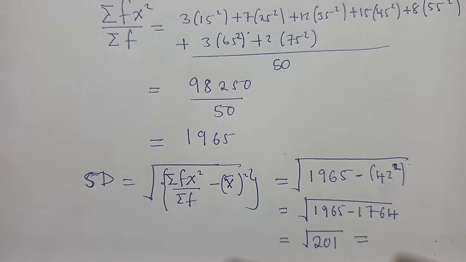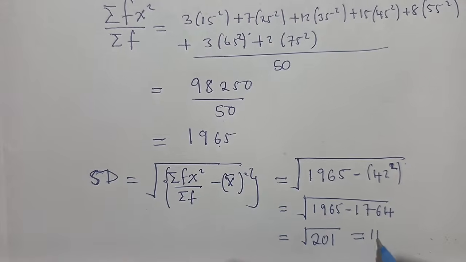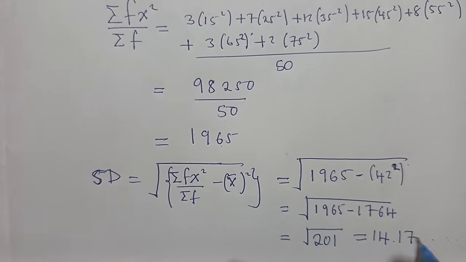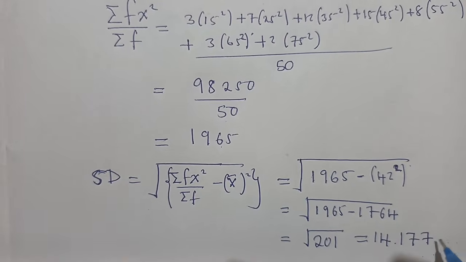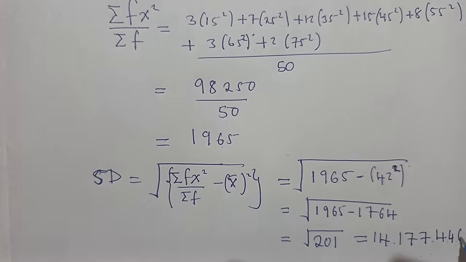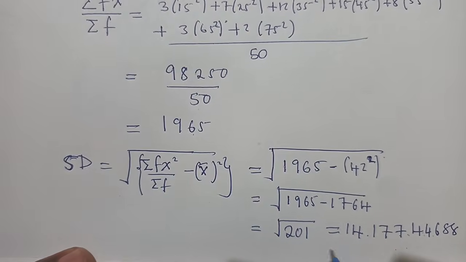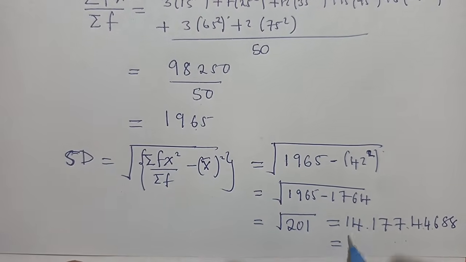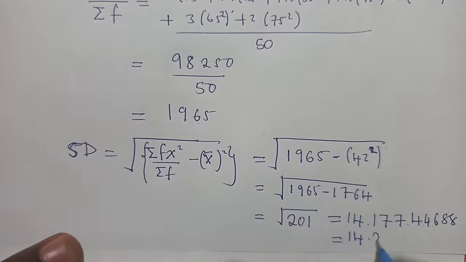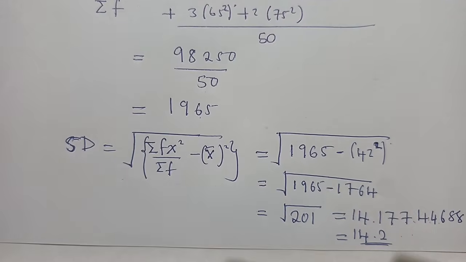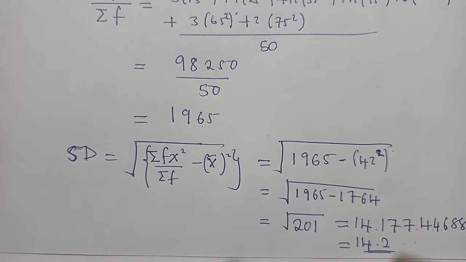It's giving us 14.177446688. This is what we're getting. We can write it in 3 significant figures. It will be 14.2. So this is our standard deviation. It's our answer. Thank you.